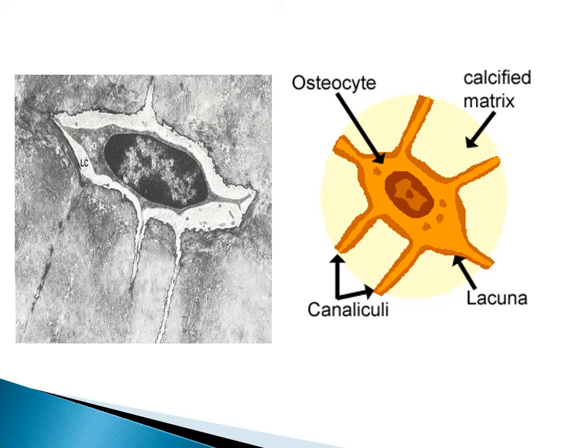This slide shows the osteocyte cells, which have canaliculi that communicate with the other osteocyte cells for nutrient exchange and waste products.